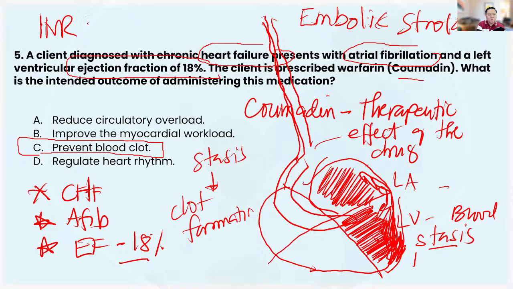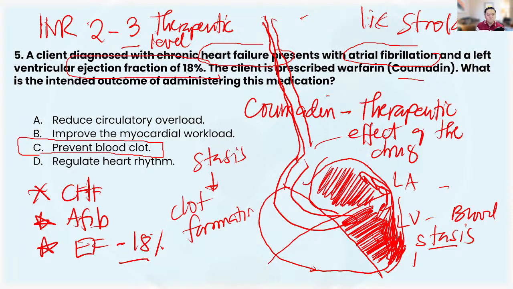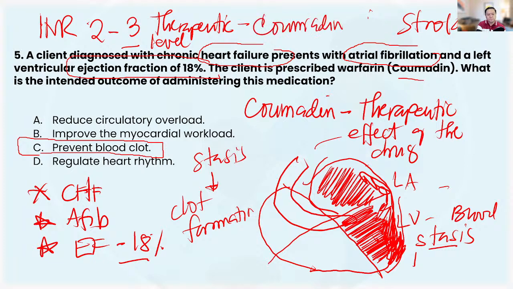Our goal is to keep the INR level 2 to 3, which is the therapeutic level for Coumadin. All right. So that is the reason. It's to thin the blood.